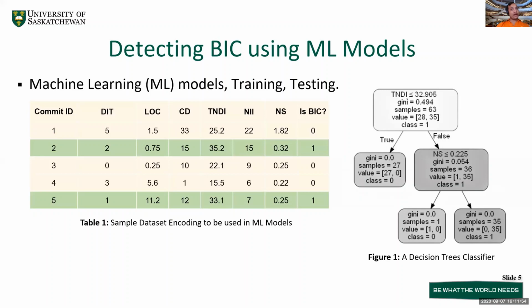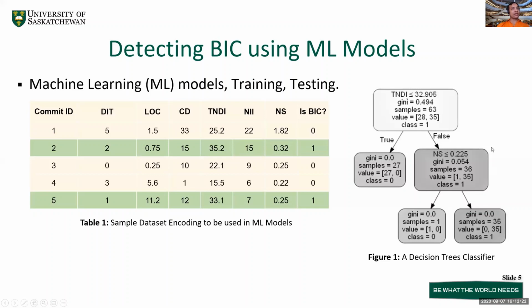In this way, every new commit's feature values will be used in this decision tree classifier, and thus it will be able to determine whether new commits are bug-inducing or not. We can evaluate its efficiency by providing some known data sets.